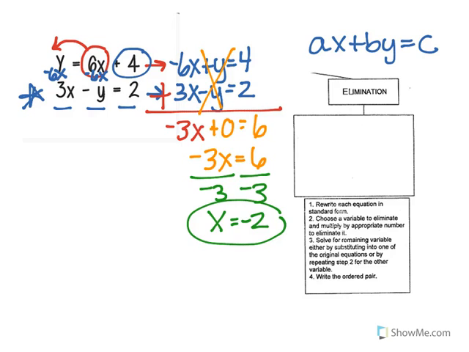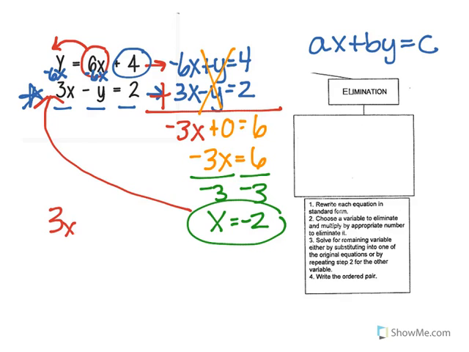And now I can solve for the remaining variable by substituting into one of the original equations, which can either be the first equation or the second equation. So this go around, I'm going to use the second equation.